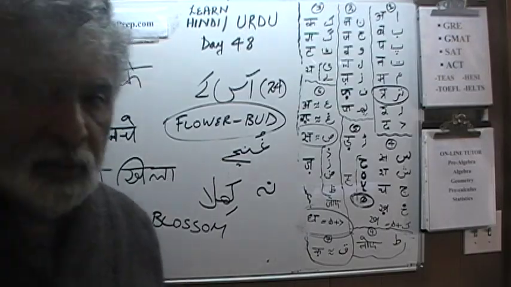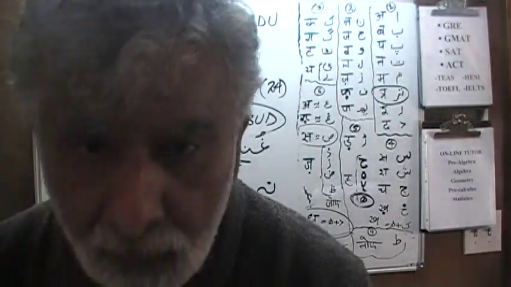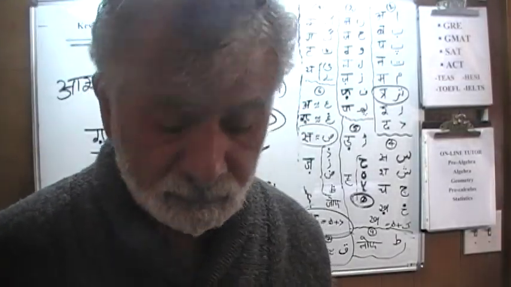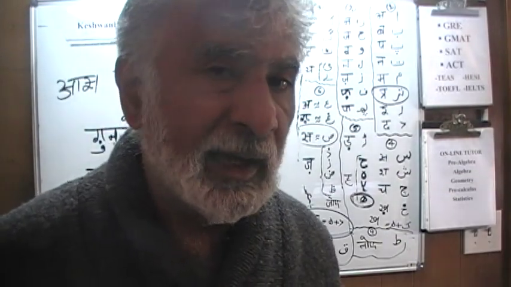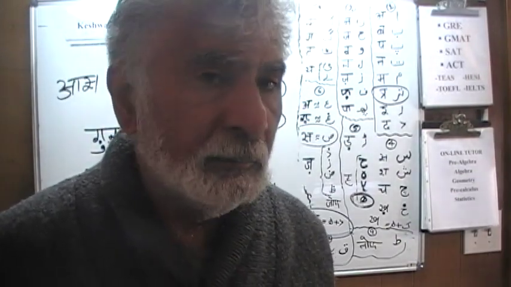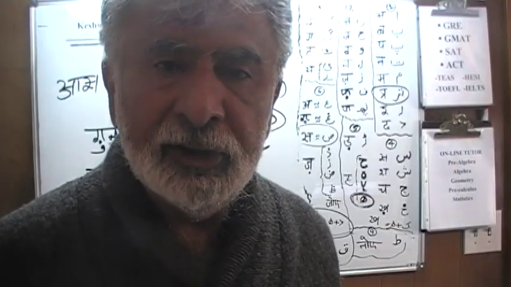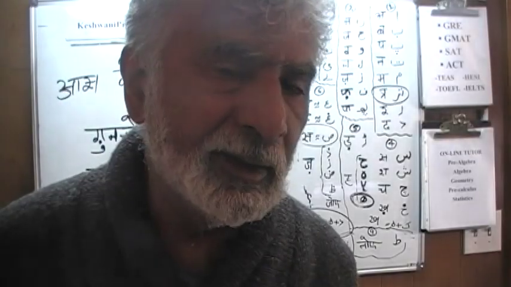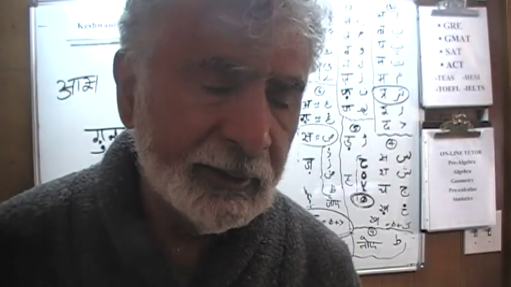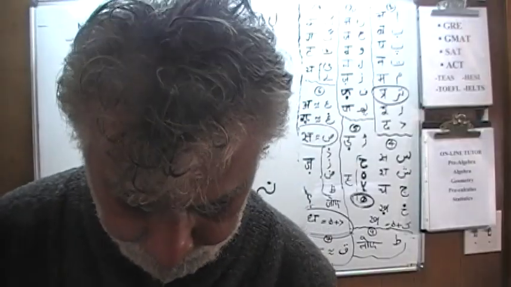Even though the time came for harvesting of the flower, fasle gul aabi chuki, the flower bud of my hopes, my desire, my wishes never blossomed. They were never fulfilled. They remain unfulfilled. They did not come true. My wishes, my desire, they did not come true.